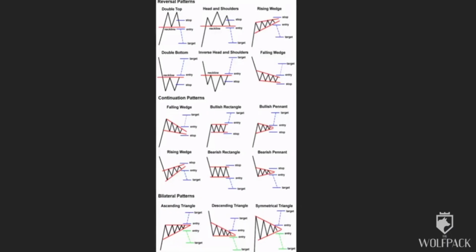But as you can see, the reversal patterns at the top, the double top, the head and shoulders, the rising wedge, etc., all the way down. If you'd like to get this picture itself, I'll provide it inside of the Discord channel. And also when we upload this video onto the website, I'll make sure I upload this picture on there as well.